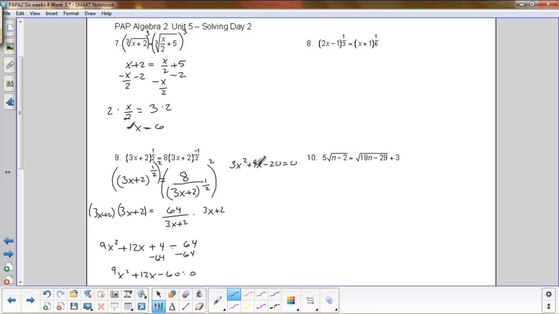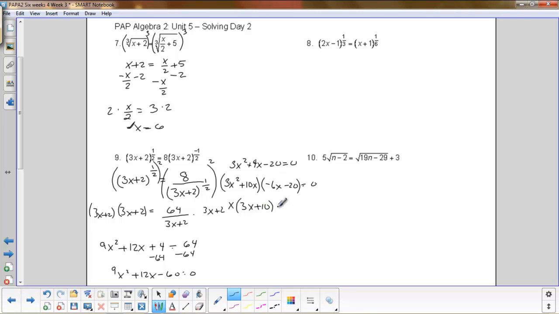Now I'm going to split the middle term by multiplying 3 times 20 to get 60. Find the factor pairs of 60 that will add up to or subtract to make 4. That's going to be 10 and 6. So that's 3x squared plus 10x minus 6x minus 20 equals 0. 4-term grouping. Take out your common factor of x: 3x plus 10.